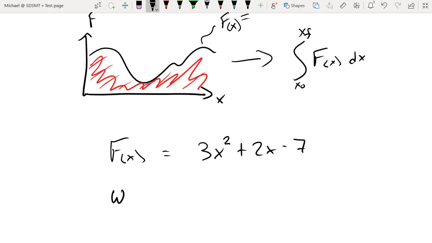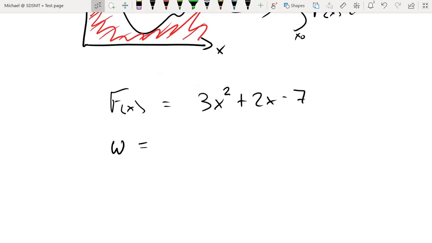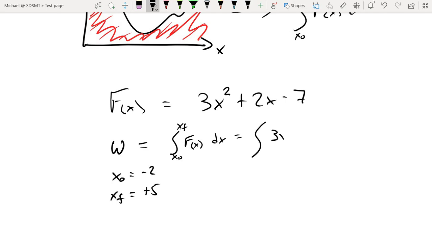I'd like to know how much work this force does if we go from -2 to +5. So to do that, we will plug our force expression into an integral and evaluate it at the limits, which have been provided to us. So we need to integrate this function from -2 to +5.